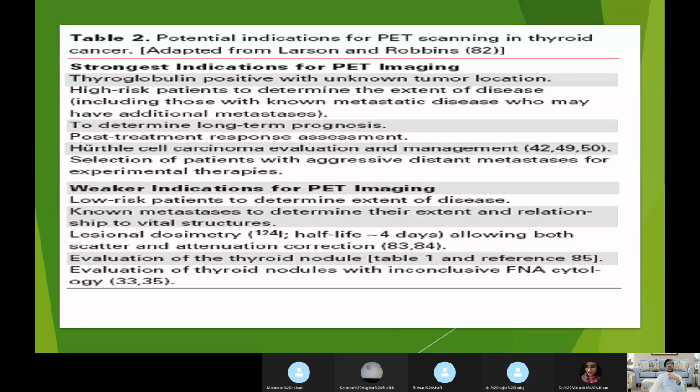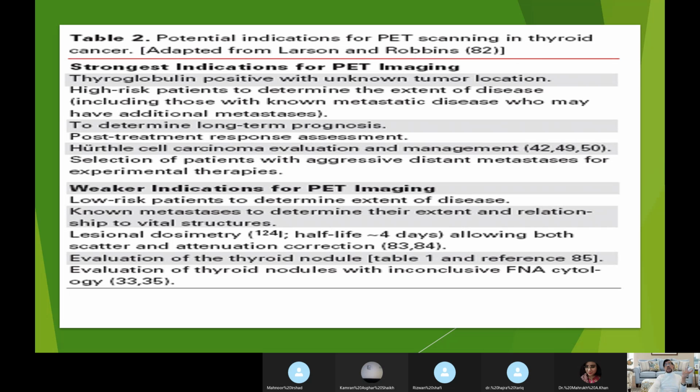PET scan indications. Now, if you look at these indications, they are very significant. Thyroglobulin positive with unknown tumor location. High risk patients given the extent of the disease, including those with known metastatic disease who may have additional metastasis. To determine long-term prognosis, post-treatment response assessment, Hurthle cell carcinoma evaluation, selection of patients with aggressive distant metastasis for experimental therapies.